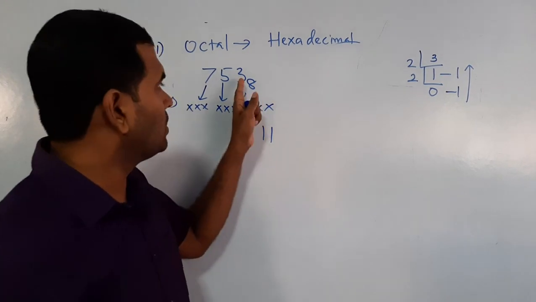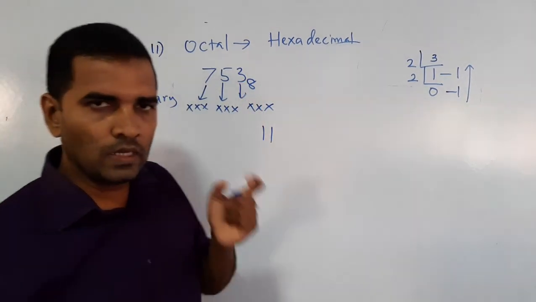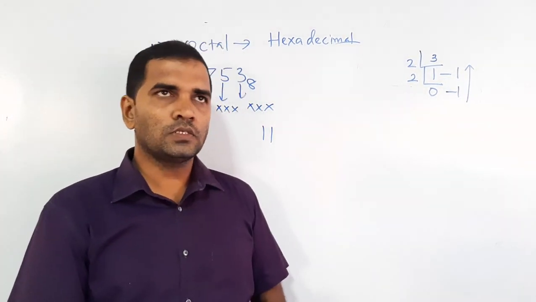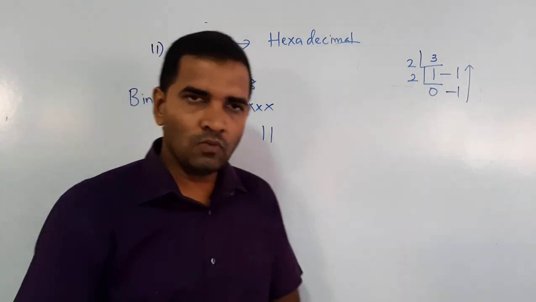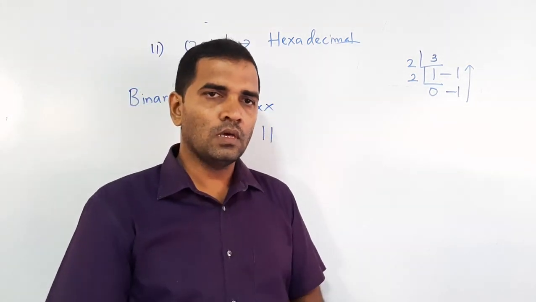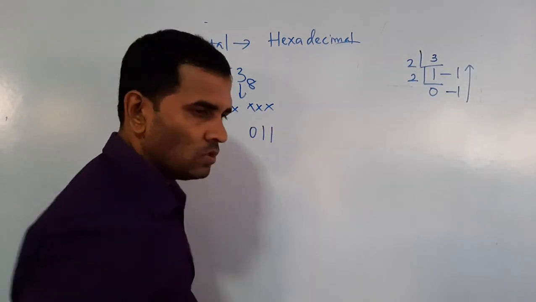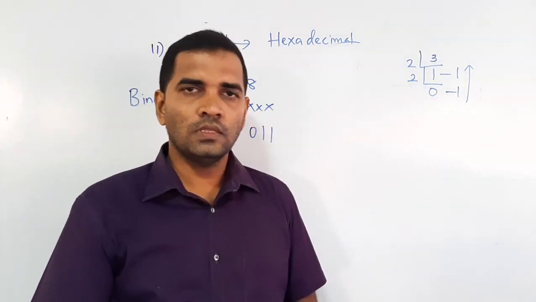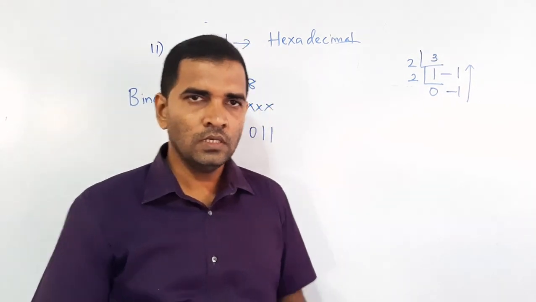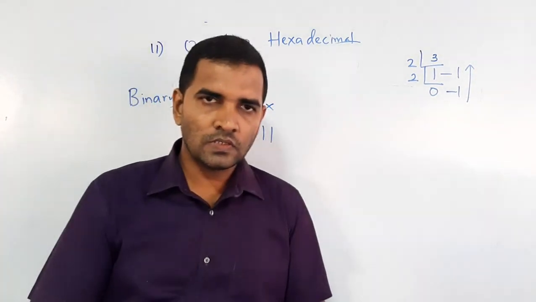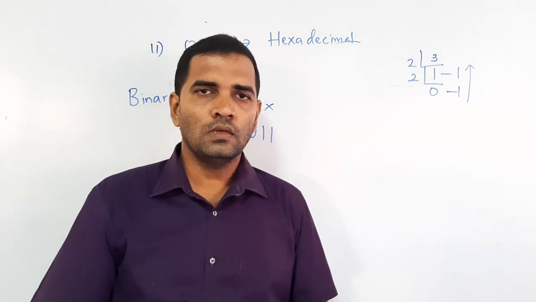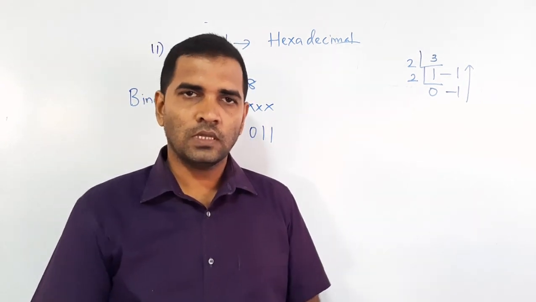But look here. To represent this 3, definitely you need 3 binary digits, but we have only 2 of them. So how can we make them 3? Add a 0 there. A 0 placed at the beginning doesn't have any value, right? So now it satisfies that particular rule, right?